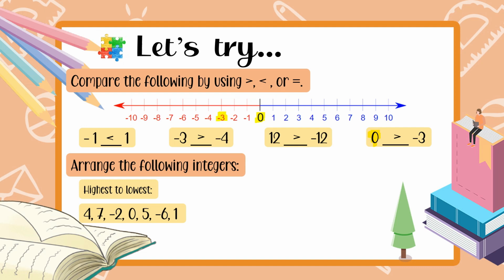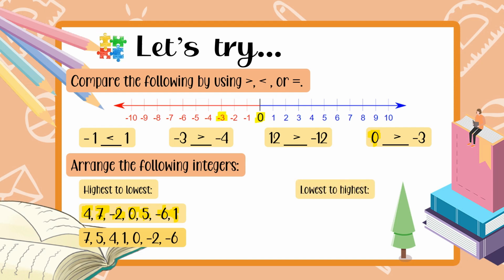Our highest is 7. Then, susundan ni 5. Then, 4. Then, 1. Next is 0, negative 2, and negative 6. So, that is our answer. 7, 5, 4, 1, 0, negative 2, and negative 6.